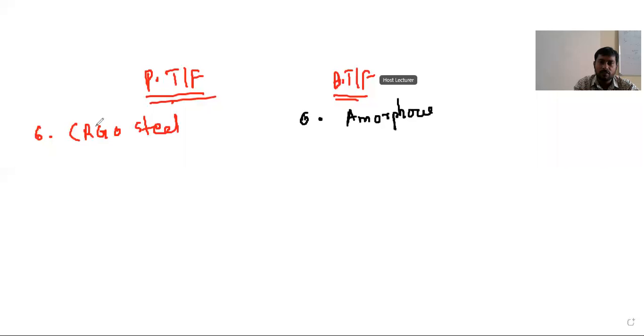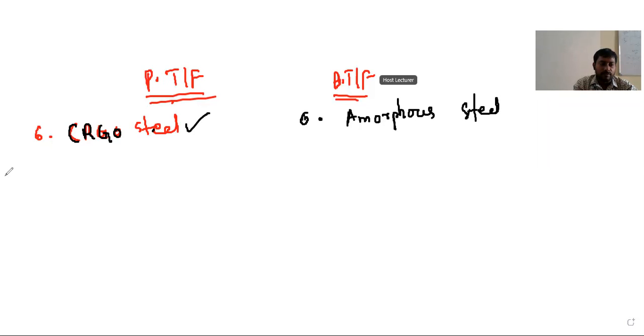Look at the differences. Most people will choose this option, CRGO steel. But only the power transformer is made with CRGO steel, and the distribution transformer is made with amorphous steel.